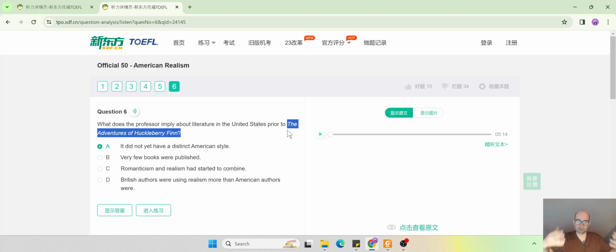Once Mark Twain wrote this book, it did have this unique style. He didn't copy any British writers or other writers from other countries, whereas the other American writers before his time, they tried to be more like British writers. They emulated them. Now let's just check choice B, C, and D just to be sure.